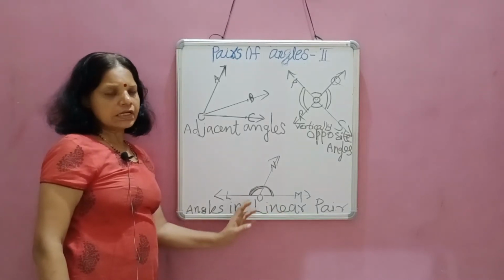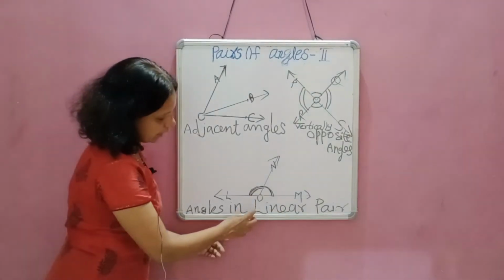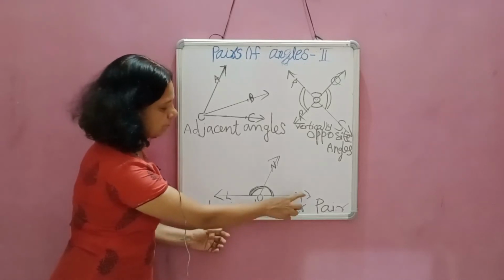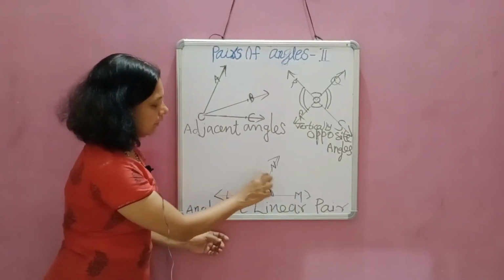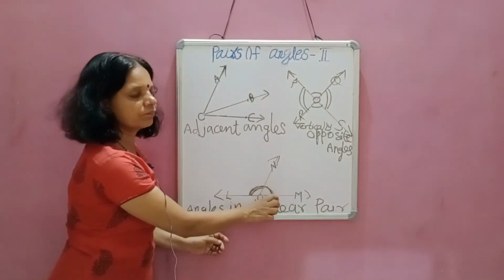But this type of adjacent angles are called angles in linear pair. Angles in linear pair. This comes from this line only. In a line, two adjacent angles are formed.